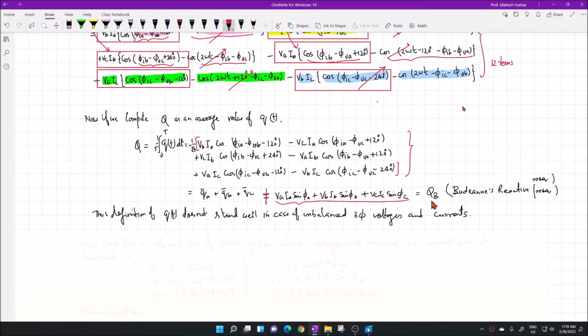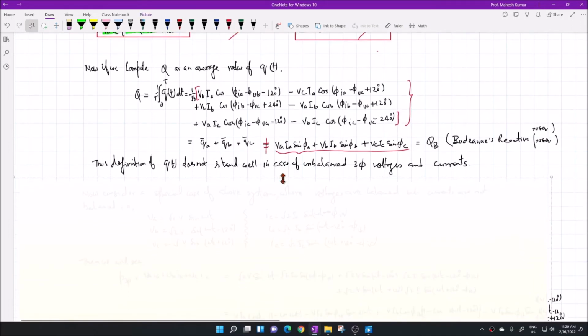So forget about the time varying terms. Even the average value of instantaneous reactive power is not matching with the standard reactive power, or the sum of the peak of the P-Q reactive components. So we can say that for a three-phase unbalanced system, neither the average value nor the time varying components are matching with the P-Q reactive component.